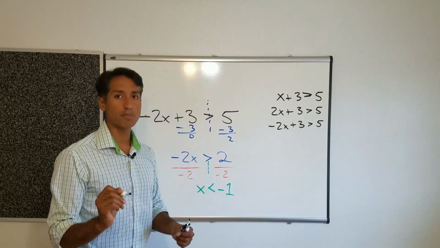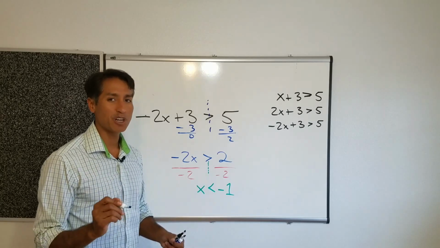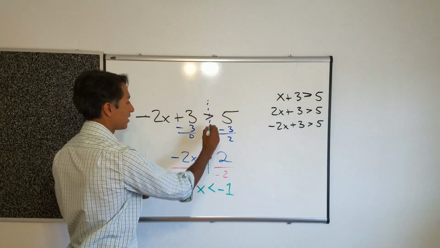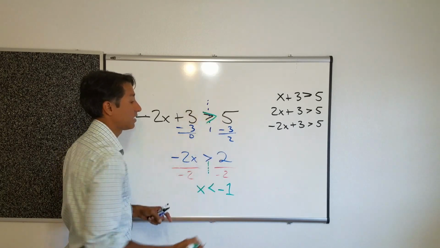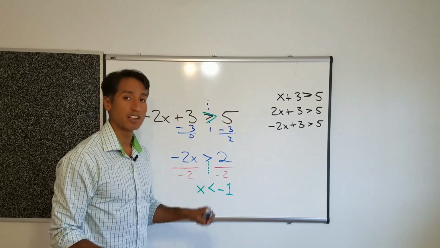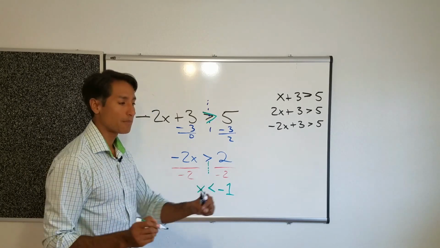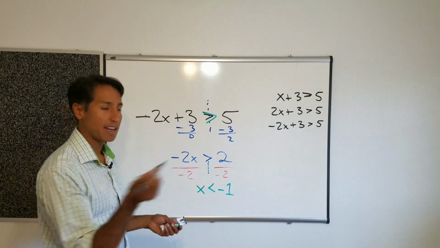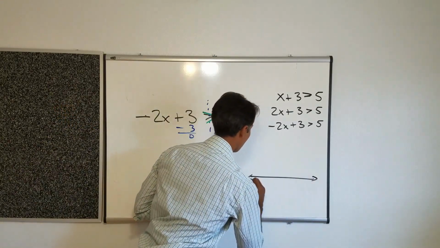It's only when you multiply and divide. If you're adding and subtracting, you just add and subtract just like I did here. The inequality sign stayed in the same direction, right? It didn't do anything. But when you multiply or divide, it does change the direction. So you've got to remember that one little tidbit right there, because when it comes to graphing, you might end up graphing it in the wrong direction if you don't.